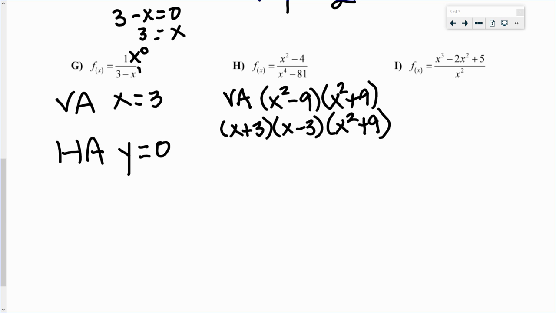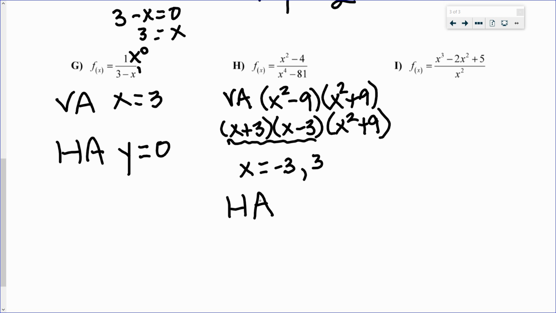And the reason for that is because no matter what you put in for x, this particular factor, x squared plus 9, is going to be positive. It is not ever going to be negative. It is not ever going to be 0. So the only place that's going to give us a vertical asymptote would be setting x plus 3 equal to 0 and getting negative 3, and setting x minus 3 equal to 0 and getting positive 3. This one doesn't have any chance, if you will, of making the denominator 0. So kind of interesting there.